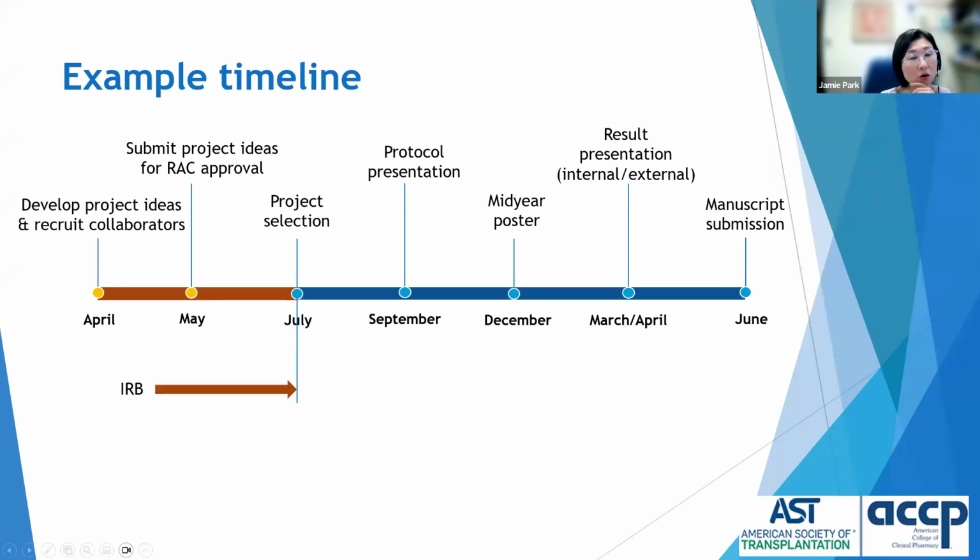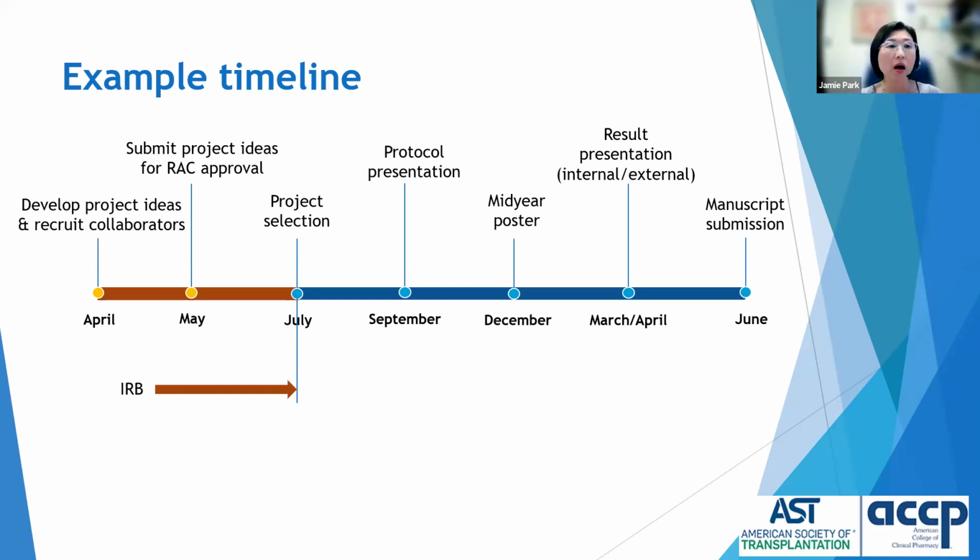Okay. One of the steps that requires a lot of time that is out of our power is probably waiting for IRB approval. So I highly encourage resident project mentors to have IRB approval obtained before your resident arrives on July 1st.